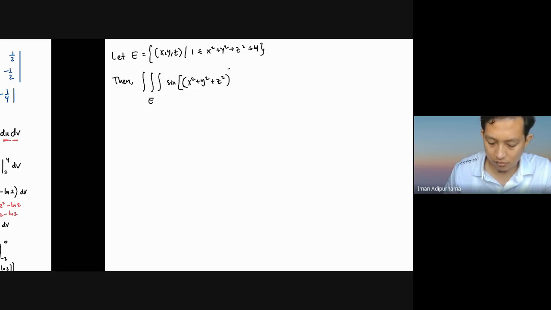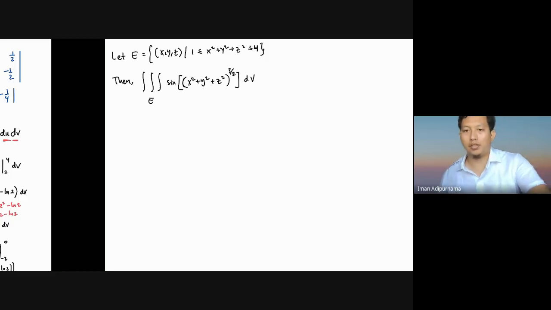And then it's from, then this is E. Okay, that is the question. So what is this if E is already defined like that?